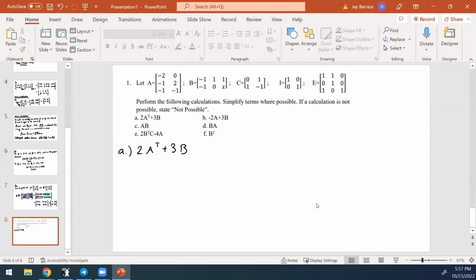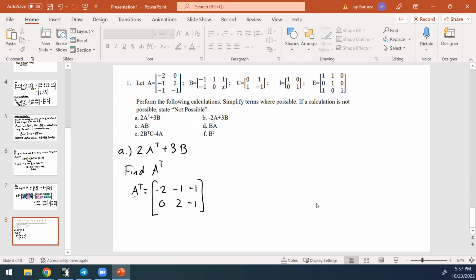So first, find A transpose. So A transpose is equal to, well, this becomes [-2, 0; -1, 2; -1, -1], because I basically made all the rows columns.